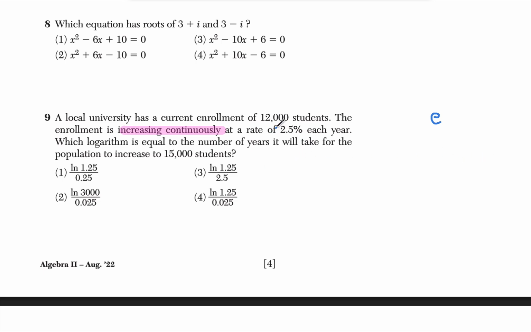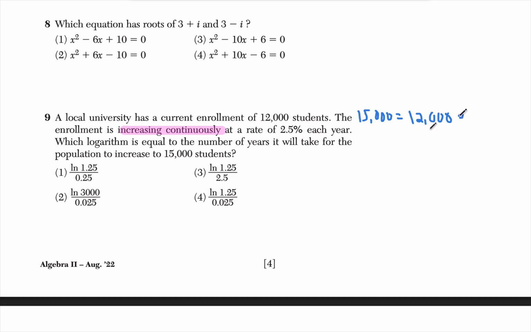So I know I have my output value, which is the 15,000. That equals my initial value times whatever rate it is.